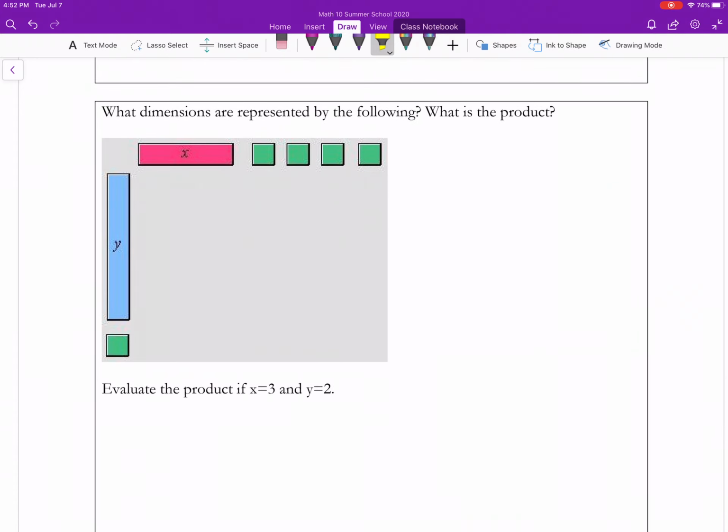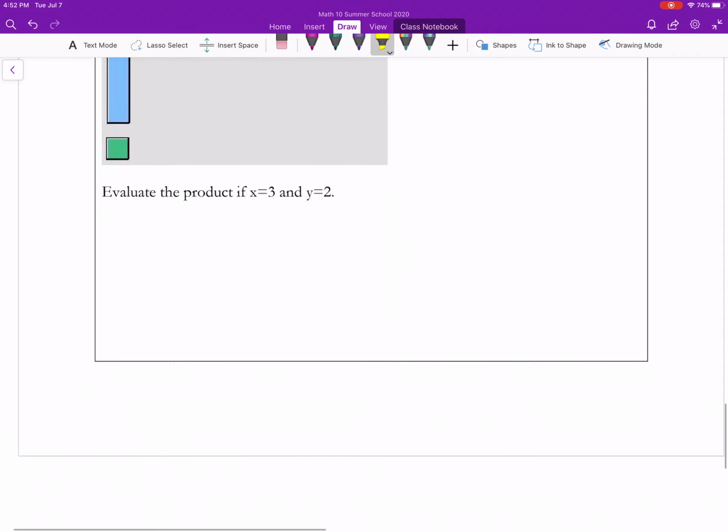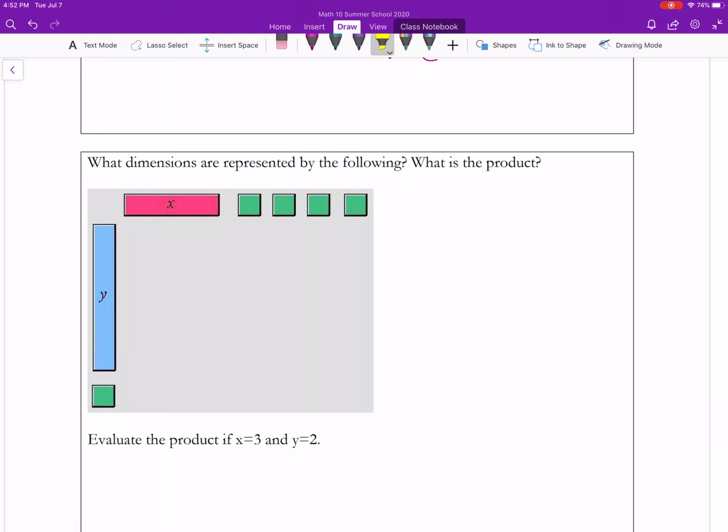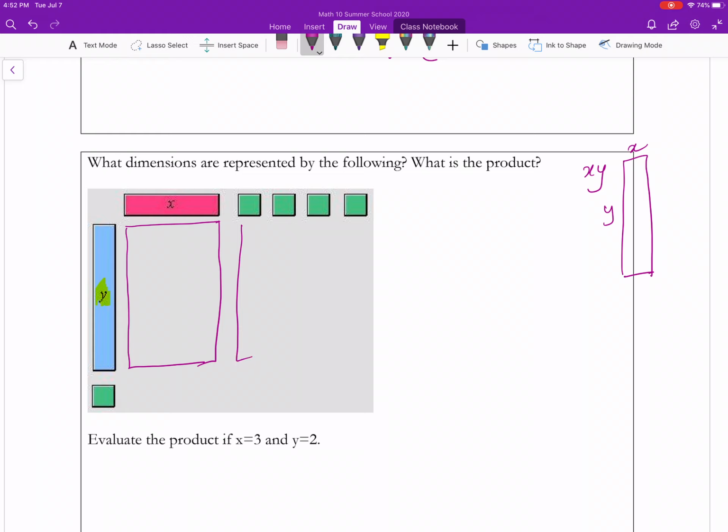What are the dimensions which are represented by the following, and what is the product? In this one we have this y tile. So x times y is represented by a rectangle tile here, which is x on one side and y on the other. y times 1 is again a y tile.